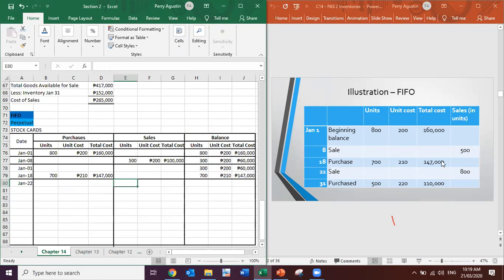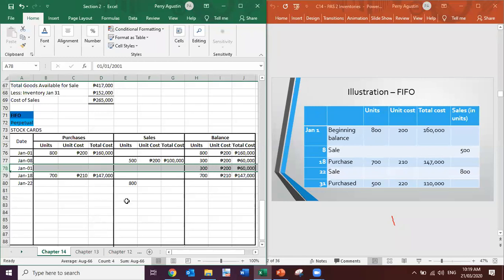But first, kailangan natin malaman kung saan natin i-allocate yung 800. So we will allocate it under 300 and 700, under 200 and 210. So what is the first item that we have bought? We first bought the 300. So kasi nga, first in, first out. So the 300 first will go to the sales first.